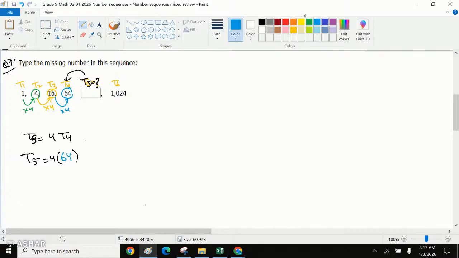So 64 multiplied by 4 is term number 5, that is 256. Just to confirm, multiply by 4, that is 1024. Yes, it's clear. It's proved, so we can confirm through multiplication as well.